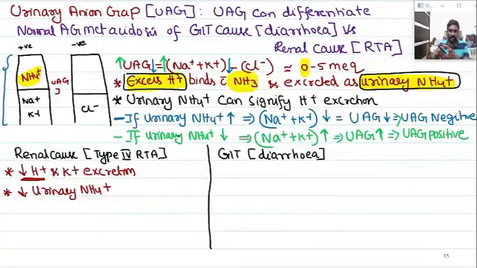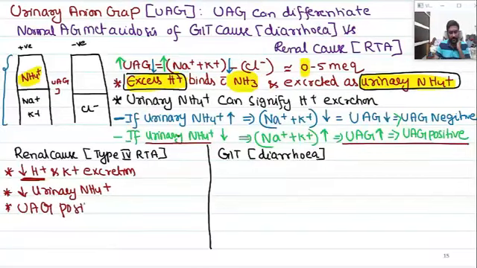So it cannot bind with NH3 and urinary NH4 plus cannot be formed. So whenever urinary NH4 plus is decreasing, these are the sequence of events. So what happens to urine anion gap? It will be positive.